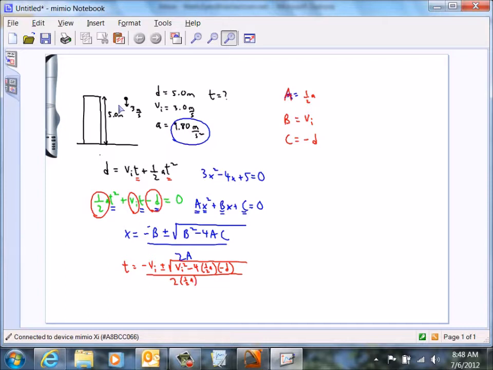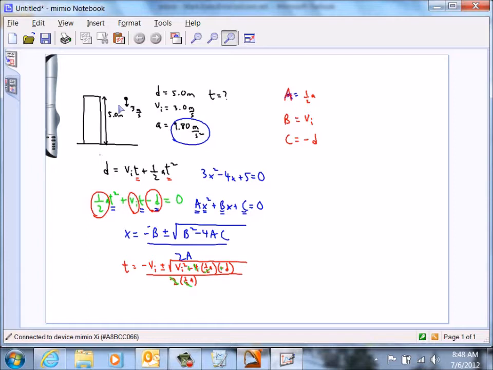And now I can do a little simplifying. If I look in the denominator, 2 times 1/2, the 2's are going to cancel. And if I look up in the numerator, inside the square root, I have minus 4 times 1/2 a times minus d. The minuses are going to cancel there, and that's going to become a positive. And 1/2 of 4 is the same thing as 2.